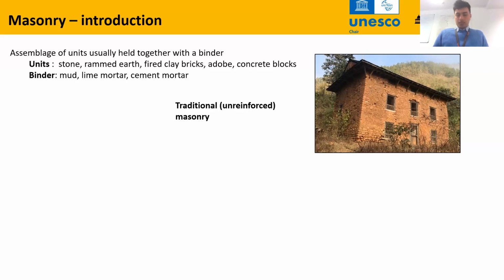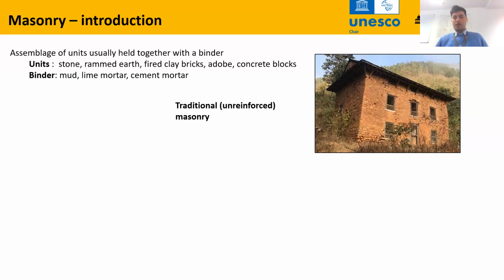So masonry, the term refers to the assemblies of units and mortar, also known as binders. The units could be stone, or earthen materials, for example rammed earth or adobe, clay bricks, concrete blocks. The binders or mortar could be mud mortar and lime mortars, which are traditionally used, and cement mortar that is used in modern masonry constructions.